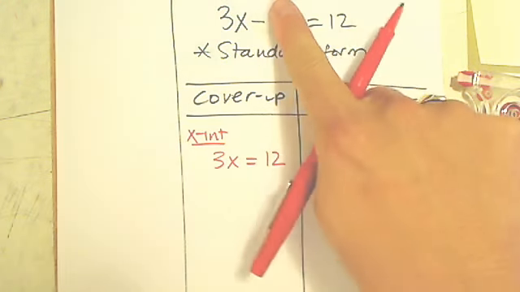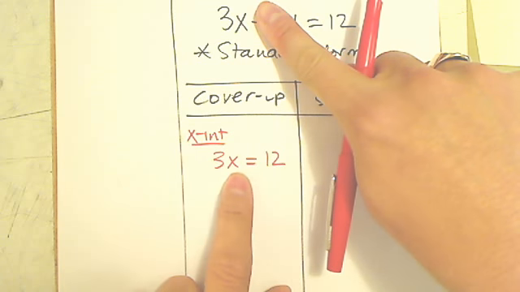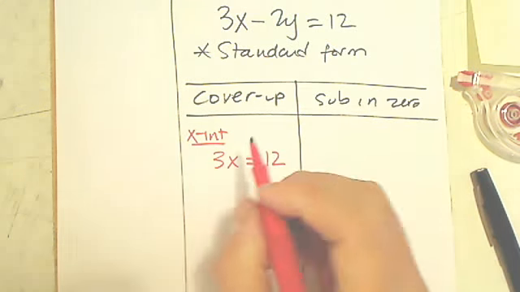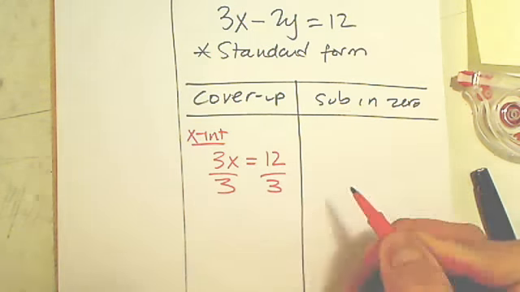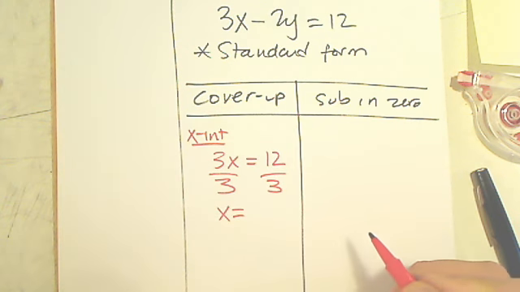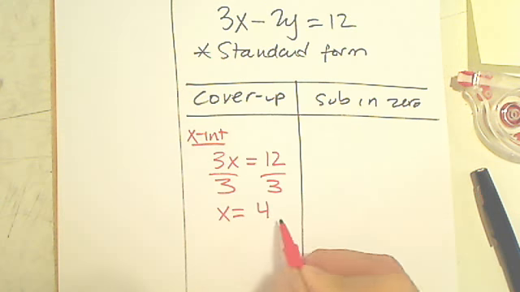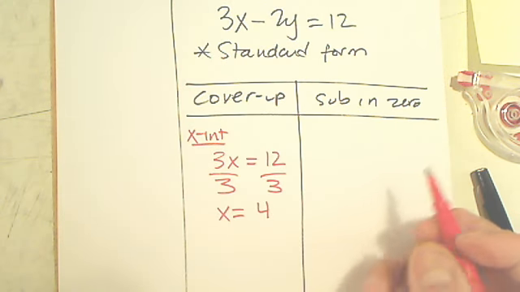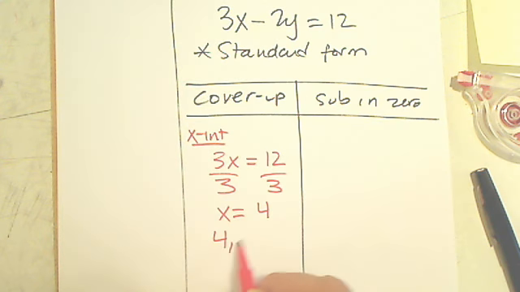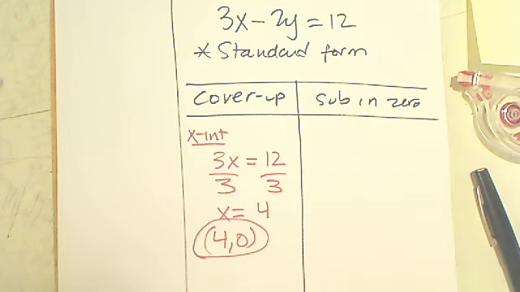Solve for x by dividing by 3, so x equals 4. The point is 4, 0. There's my first intercept. It crosses the x-axis at 4, 0.